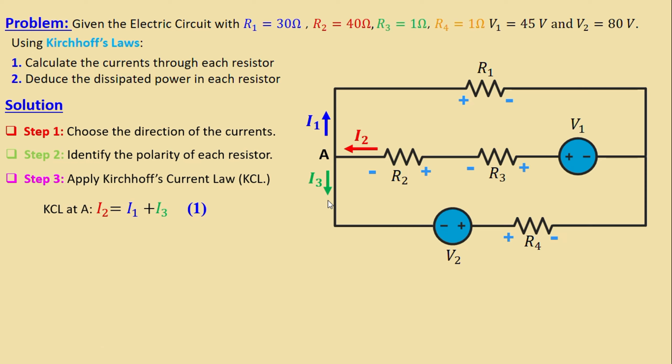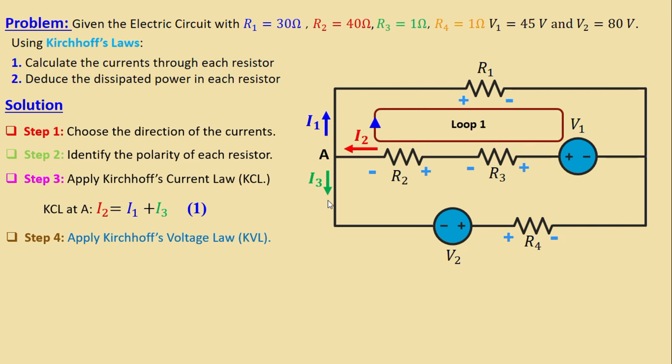After we finish applying Kirchhoff's current law KCL, we go to step number 4, applying Kirchhoff's voltage law KVL. Let's choose the different loops we are going to use here. This is loop number 1 and this is loop number 2.